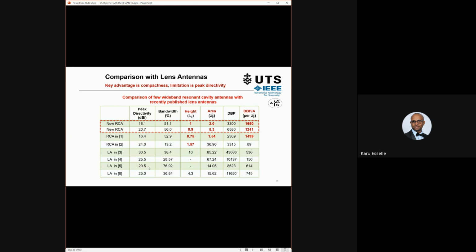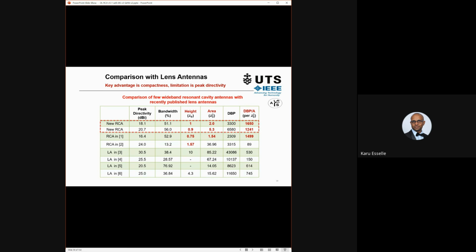But lenses can give you very high gain and directivity, more than resonant cavity antennas. So resonant antennas saturate about 25 dBi or so. With lenses, you can get 30 plus.